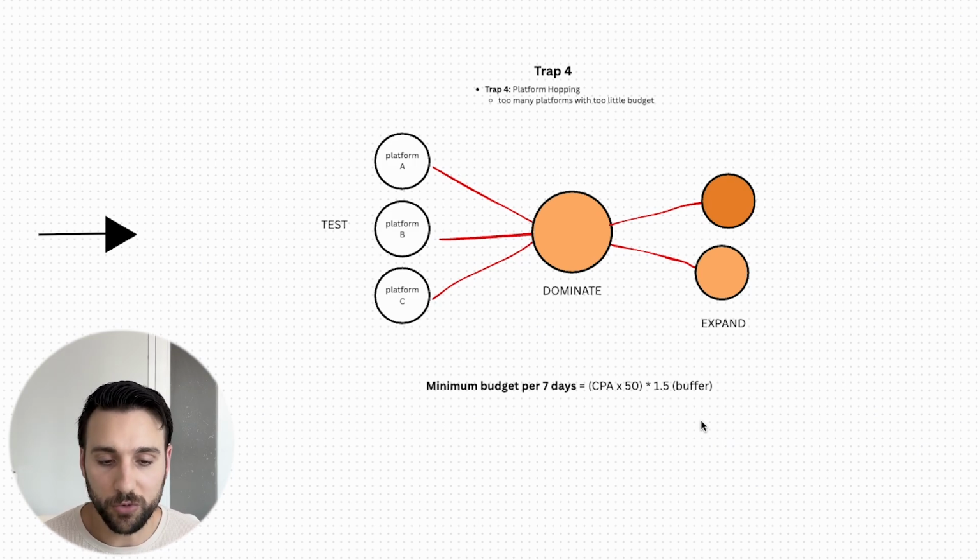And then what you do is you multiply that number by 1.5 as a buffer, because you need to account for the fact that it's going to optimize. It's probably going to start off at a higher cost and then come down as it gets more data on your campaign. Now, this might seem like a lot when you start factoring in purchase objectives, but these are things that you have to account for, and you have to take it with a grain of salt when you're looking at results that are not stat sig from this point of view.